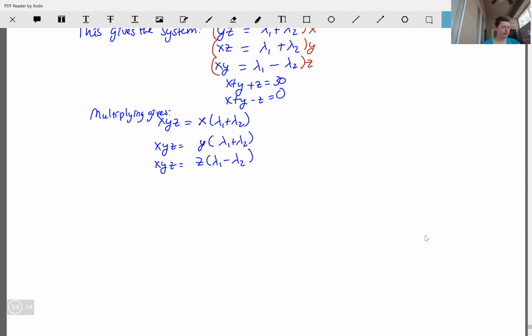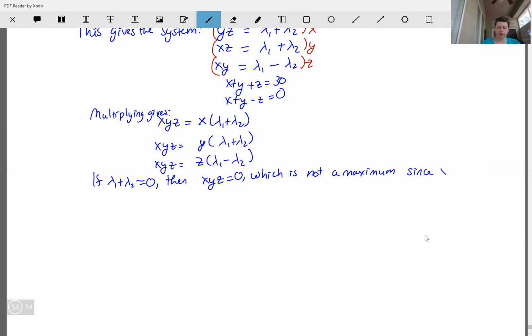Okay, now what? If lambda sub 1 plus lambda sub 2 were equal to 0, then that would mean that x times y times z would equal 0, but we know that's not a maximum. How do we know that? Because we know x times y times z can be positive even for values that satisfy those constraints.